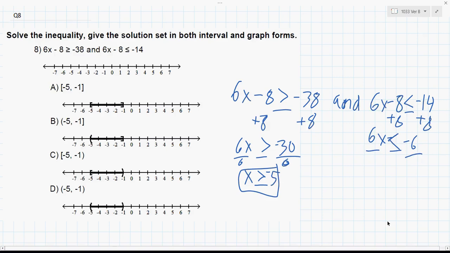We'll divide both of these by 6, and you'll end up with x is less than or equal to negative 1. Now we go back over to this side and we look for those number sets. They all have them. And because they're both equals, we see that these both have brackets. And it does make sense that it is captured between these 2 points.